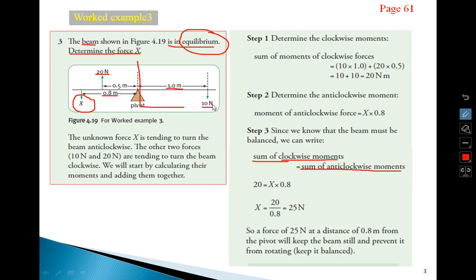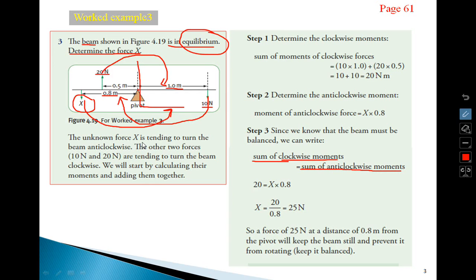So which one is clockwise and which one is anti-clockwise? The force 10 is clockwise because it's acting this way. This one, 20 Newton, is also clockwise. This one is moving this way, so it's anti-clockwise.